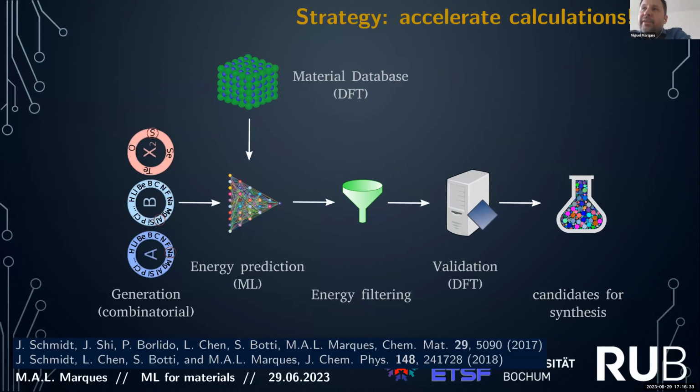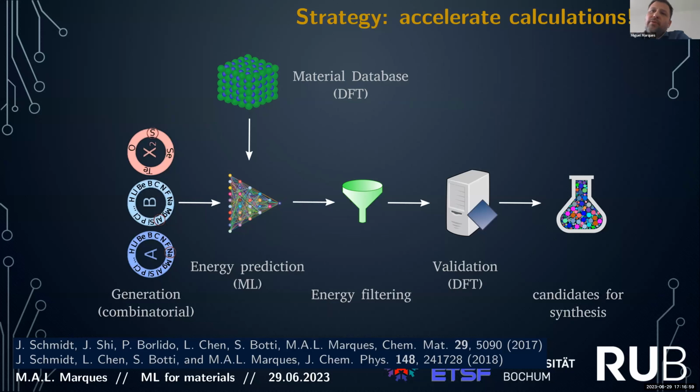Well, we can accelerate calculations. The basic idea still holds. We can do systematic brute force searches, but they have to be faster. And to be faster, we will use machine learning. Machine learning studies in this kind of context, they all follow more or less the same workflow. In our case, we built a materials database of density functional theory calculations. I will talk about this shortly.